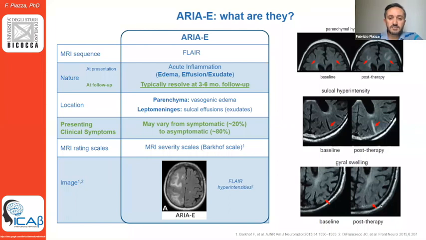And if you reduce the dose, you can also have a resolution after 3-6 months. The location is parenchymal or in the leptomeninges, so it is more at the cortical level and not in the deep white matter. And the clinical presentation of symptoms is very variable.